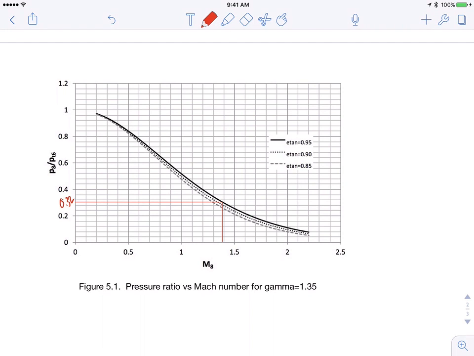And then if we do the same thing for our subsonic case with a Mach number of 0.65, we can extract things here. We're a little below 0.76, so maybe say 0.75.